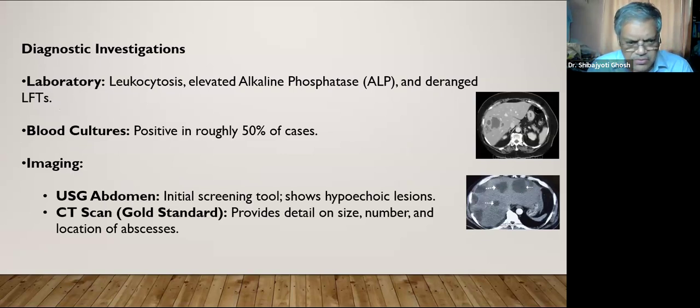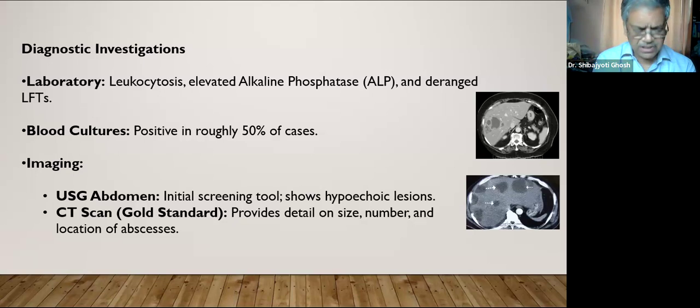Any liver abscess could be an amoebic liver abscess or a pyogenic liver abscess. For investigations, on complete hemogram we will find that the patient has leukocytosis and elevated alkaline phosphatase, and other liver function tests may be deranged. On blood culture, a positive organism is found in only 50% of cases.